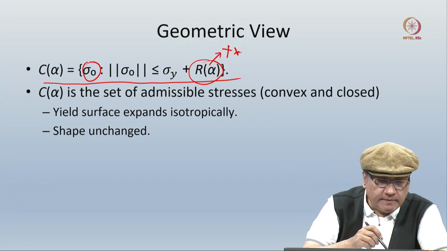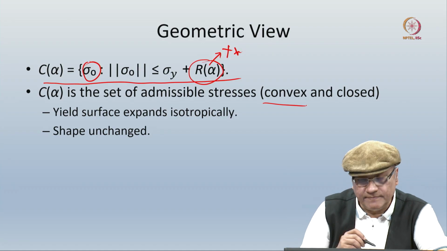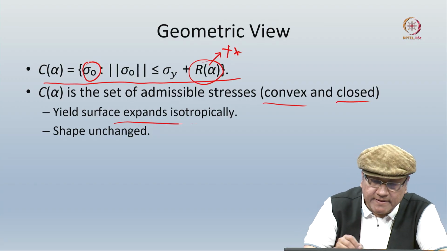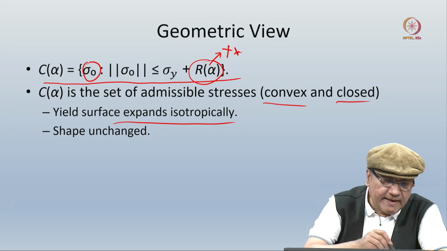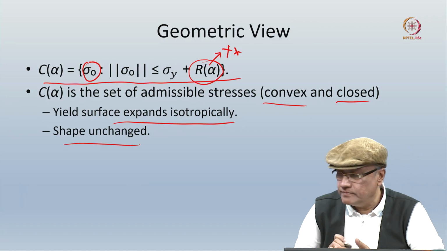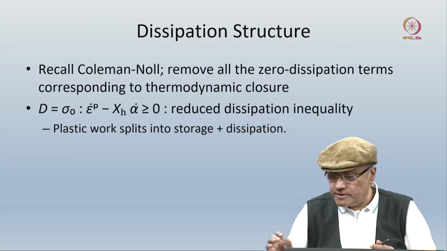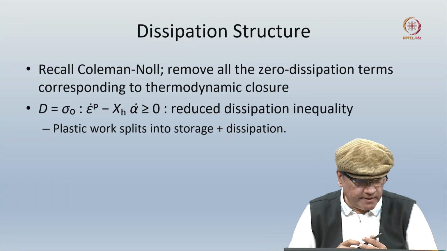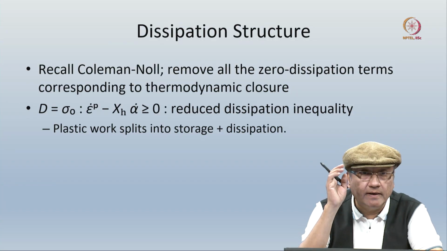This is still convex, this is still closed, no problem, but it expands isotropically and the shape is unchanged. So this is the situation for the isotropic hardening.